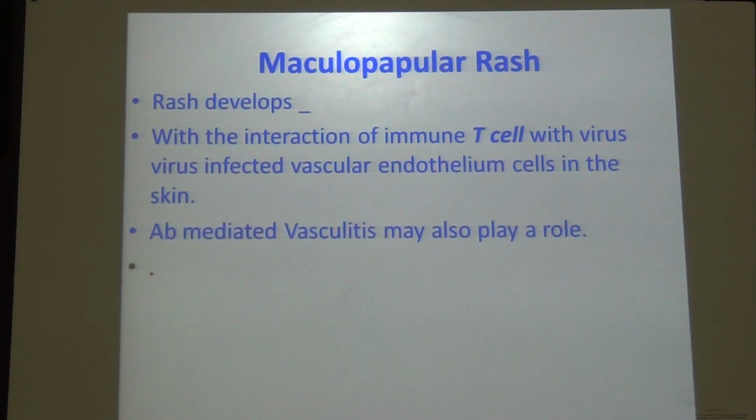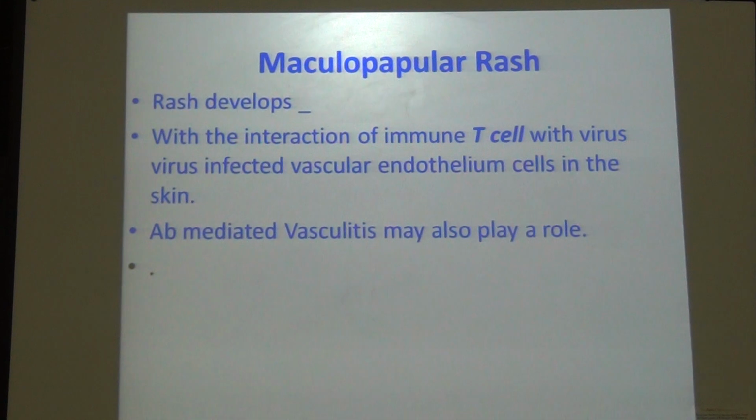The maculopapular rash develops through the interaction of the immune system. The cause of the maculopapular rash is the attack of cytotoxic T cells on the virus-infected cells in the vascular endothelium cells in the skin. This causes the maculopapular rash.